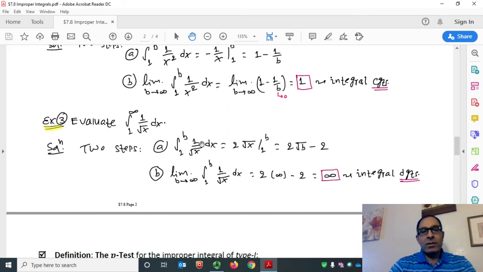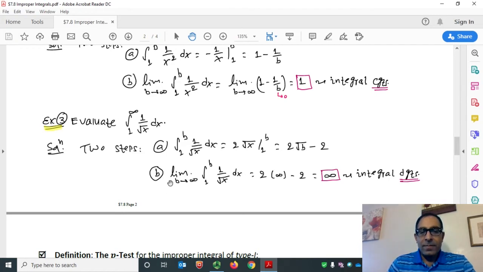Then use the power formula. X to the power negative 1/2 plus 1 means plus a half, divided by plus a half. So you just switch that half, so 2 goes to the numerator. So 2 times x to the power half means radical x. I hope this is not hard for you all. So 2 times radical x from 1 to b equals upper limit b minus lower limit 1, so 2 times radical b minus 2.